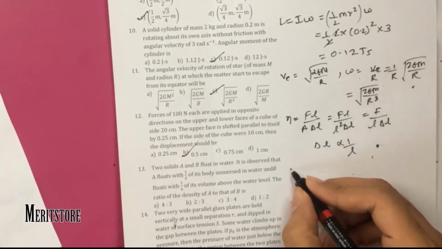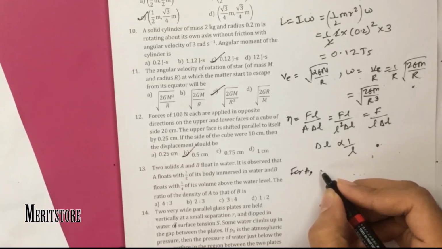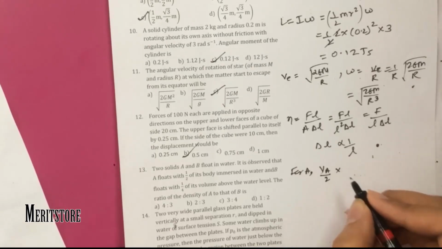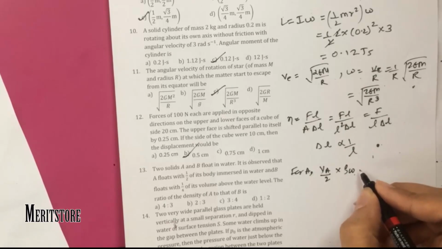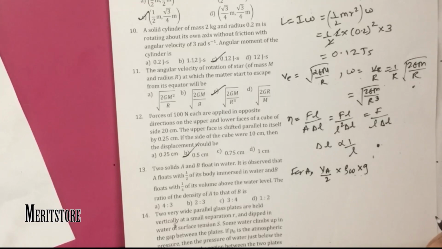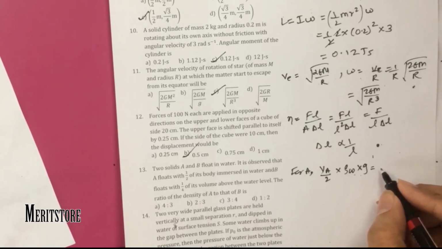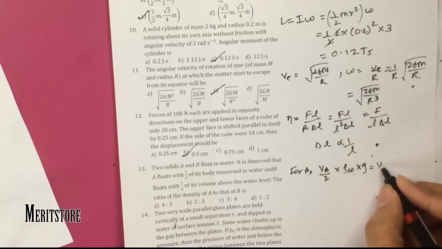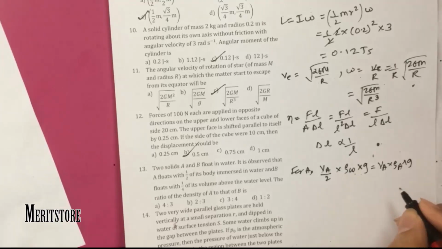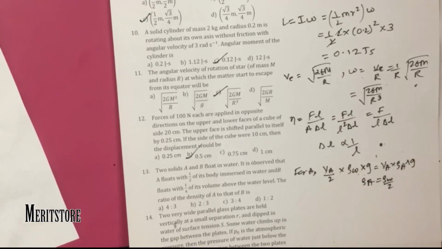So for A, I would have VA divided by 2, that is half its volume is below water, times density of water times g, that would be the upthrust, which would be equal to VA multiplied by density of A multiplied by g. So basically I get density of A equals density of water by 2.